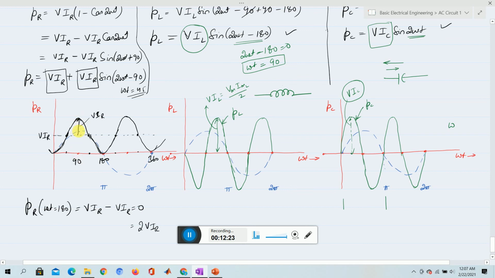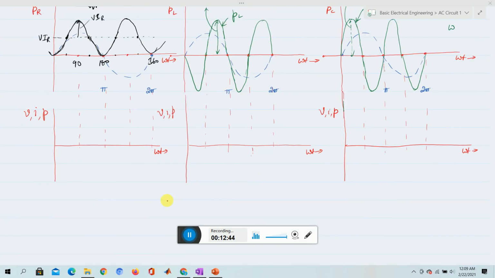So like that we understood and tried to evaluate what will be the power waveform for the R type of load, for the L type of load, and for the capacitor type of load. We can also plot the voltage and current waveform along with it. We have drawn the structure so that we can draw the waveform smoothly.